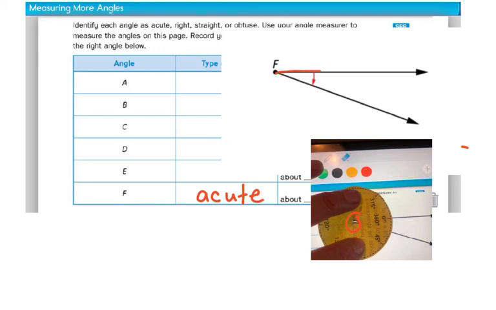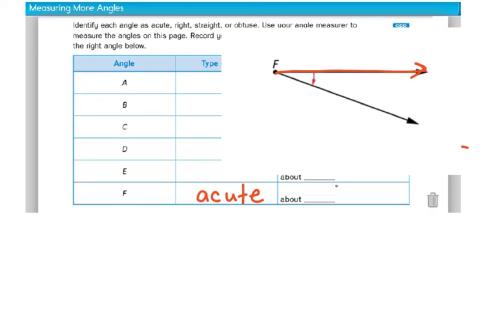I lined up this ray right here with my 0, and I would say here's 45. So it's probably about halfway between 0 and 45. So maybe, to make it easy, let's call that 20. We'll get more accurate as we go along through the next couple of lessons.